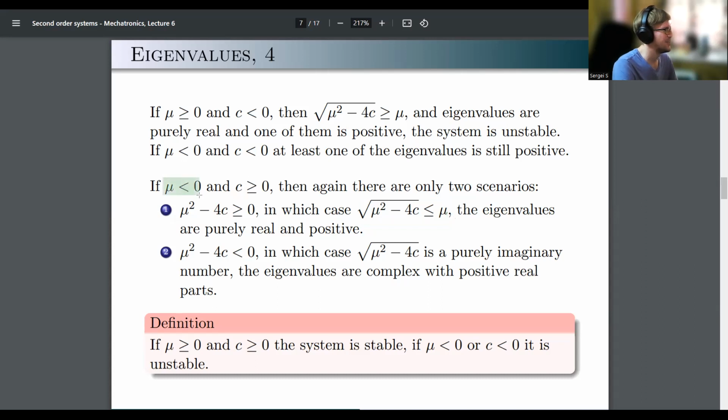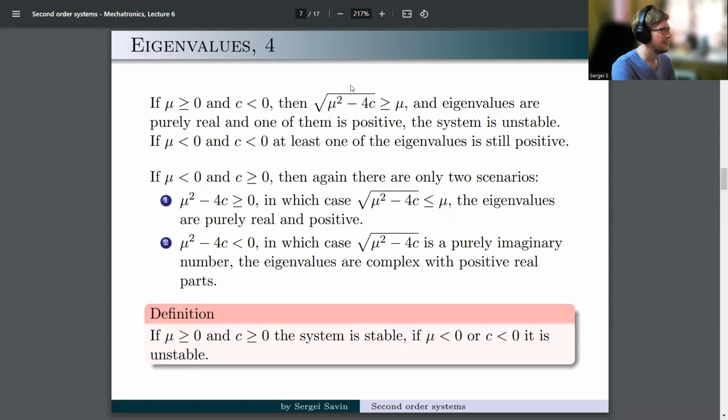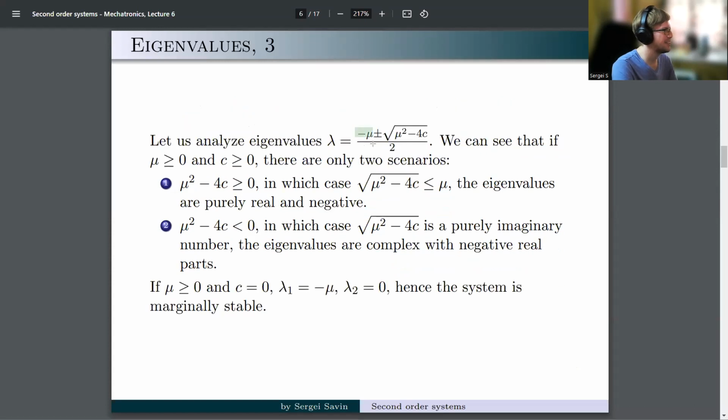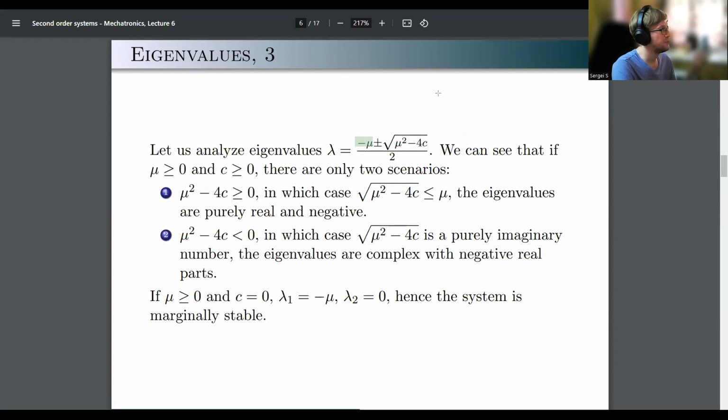Let us be more slow. Mu is negative. It's very easy to forget those details. If mu is negative, then with a minus sign here it is a positive number. A positive number plus or minus a smaller positive number would always give you a positive number.